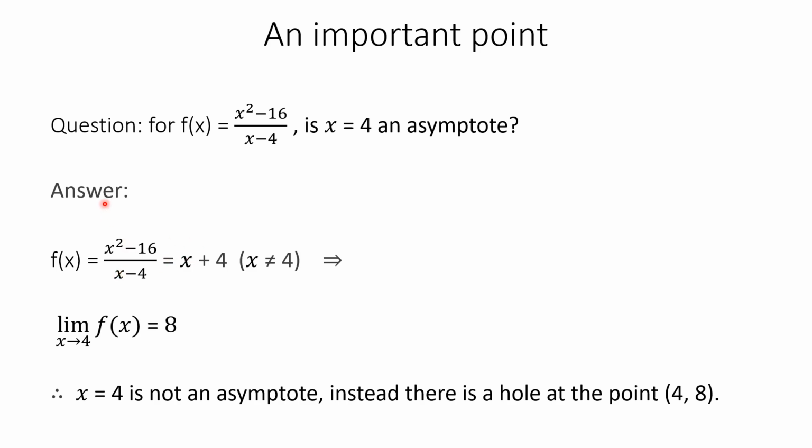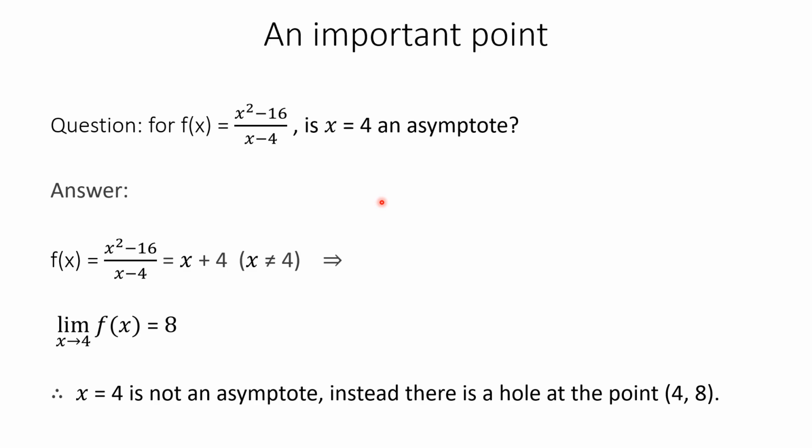If we replace it by 4.01, to get closer to the original x equals 4, even though x can't be equal to 4 because we can't divide by 0, we'd get 8.01.